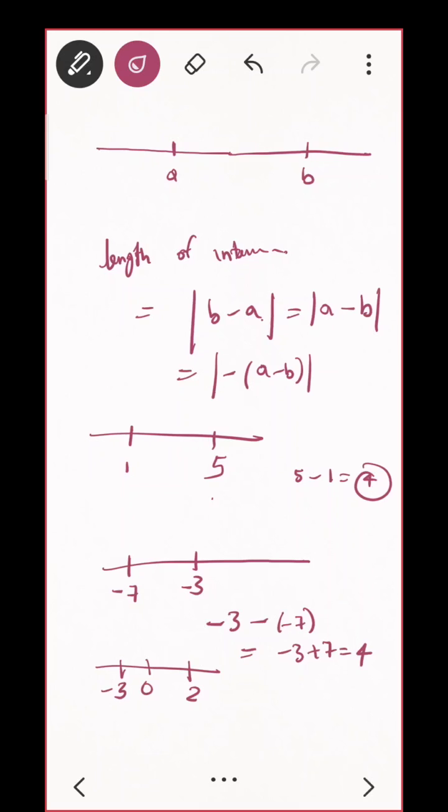Yeah, very nice. Okay. Now I am saying something. Suppose mod of x minus 1 is less than 2. Can you solve this and tell me the value of x? We had done some questions like this. Can you tell me? Identification of set. Do you remember? We had done so many questions on that.